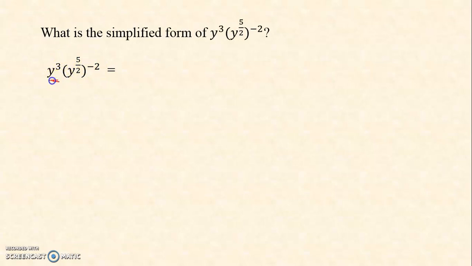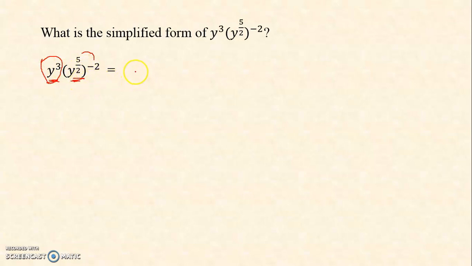This is y raised to 3 and the second y has an exponent of 5 over 2 and it is being raised by another power, which is negative 2. So in this case, you are just going to multiply negative 2 by 5 over 2. 3 is not included because it is already outside the parenthesis.